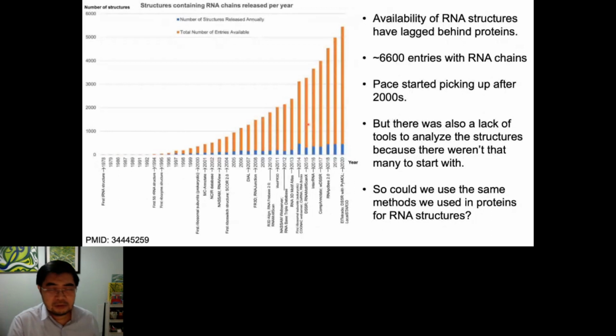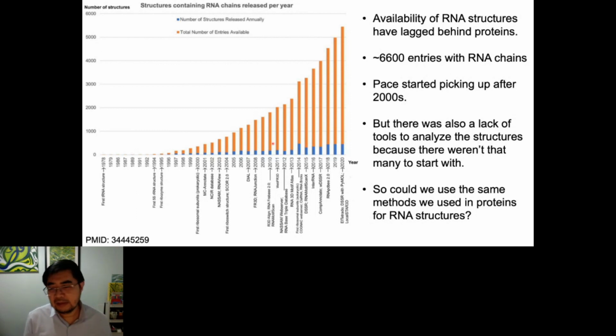There are only about almost 7,000 entries with RNA chains in the PDB. Although if you were to look at this chart, the pace of the availability of these RNA structures started to pick up after the 2000s, when the first high-resolution structures of the ribosomes became available.